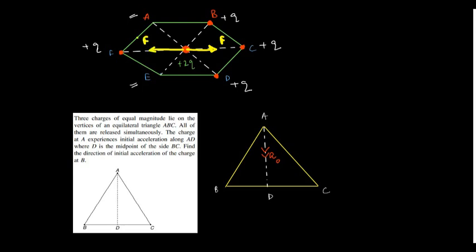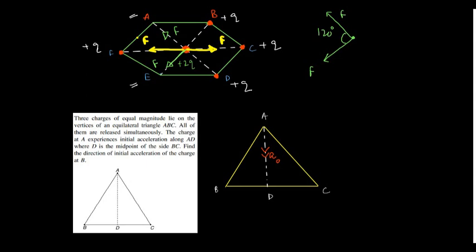But what about the force applied by B on the center? There is a force F, all right, and the force applied by D on the center is also a force F. So the diagram looks like, in this direction there is a force F, in this direction there is a force F. From simple geometry you can figure out that this angle is equal to 120 degrees.